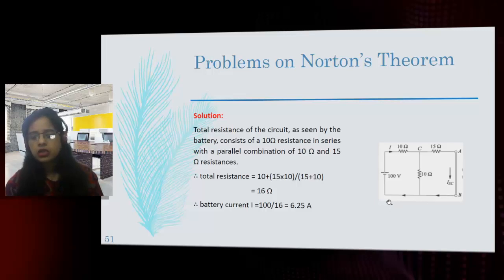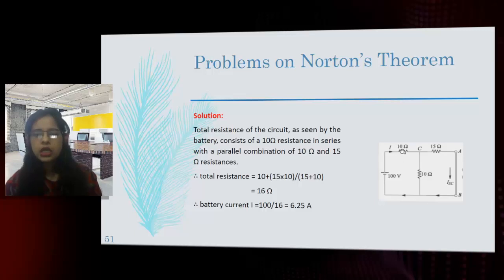Again we need to find out the ISC. For that we need to find out I. So this 15 ohm and this 10 ohm are connected in parallel, and the equivalent is connected in series with this. So these two are in parallel, then in series with this.